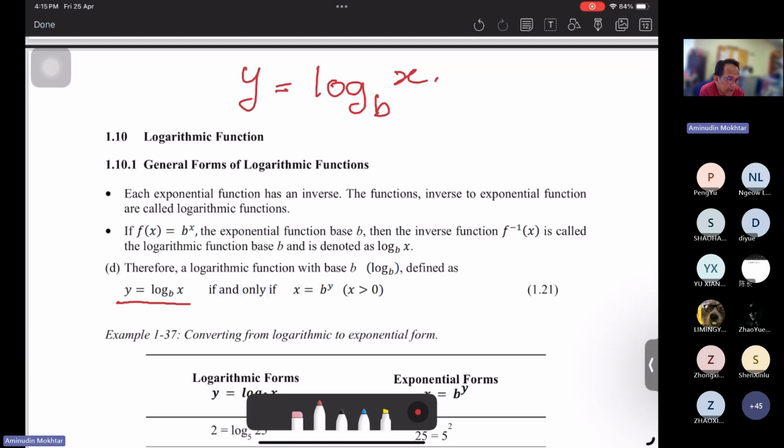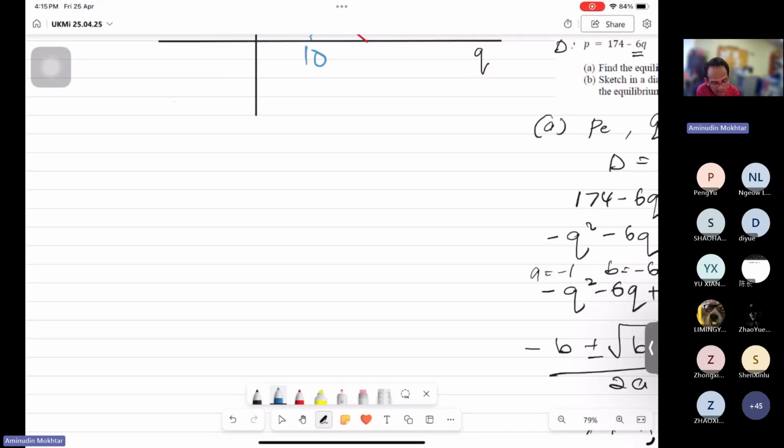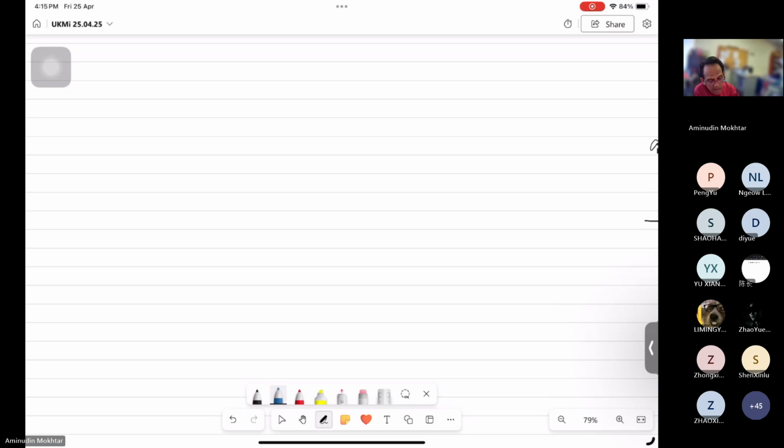So again, when y equals log_b x, I'll show you here. For example, y equals log_b x.